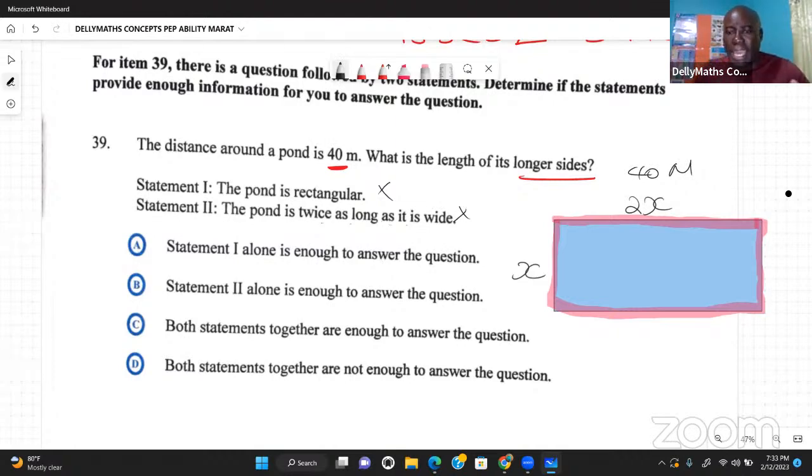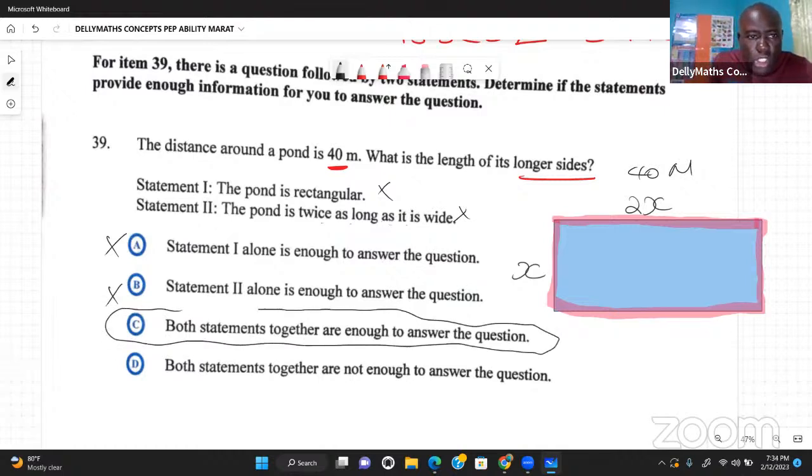All right. When I get all of this combined, both of them together, I definitely can nail it right about now. So statement 1 alone, no. Statement 2 alone, no. I need both conditions. Both statements together will help me to know the length of the longest side.